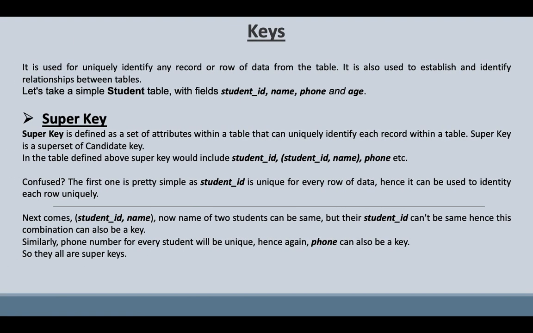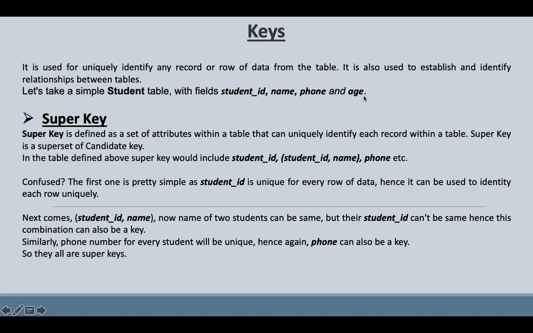Now the keys. I told you before that it is used to uniquely identify any record or tuple from the table, right? So it uniquely identifies each row of a table, each tuple of a table, like student. What you have done yesterday: student ID, name, phone number, date of birth.